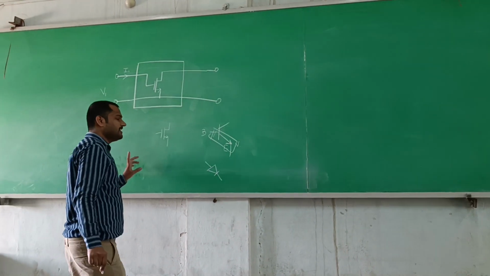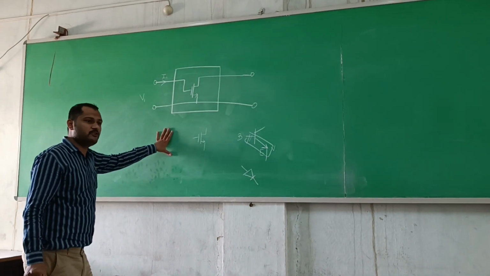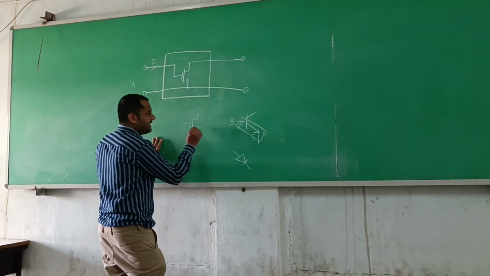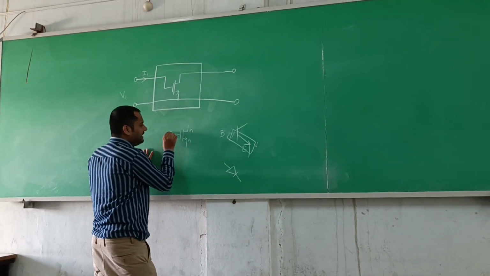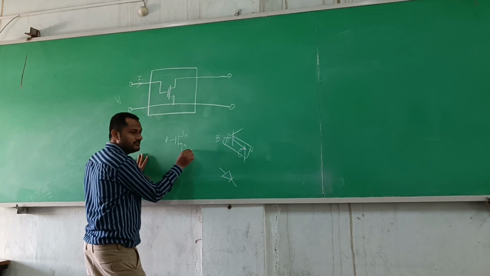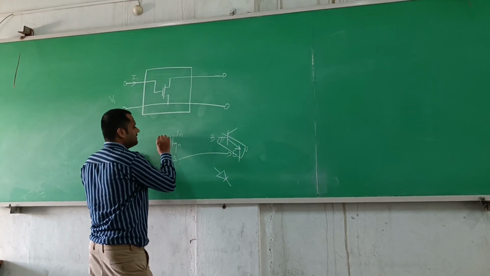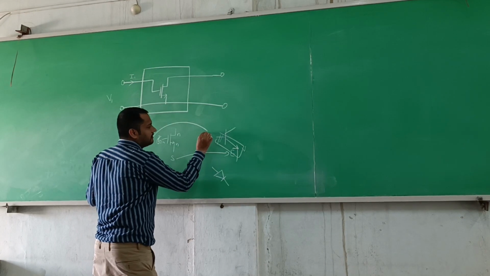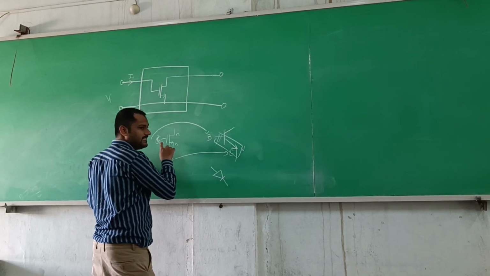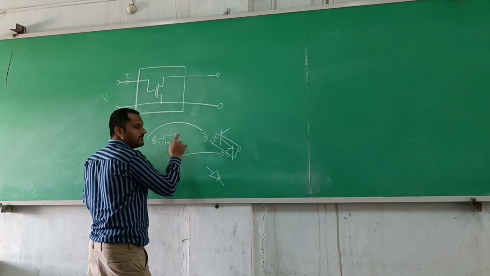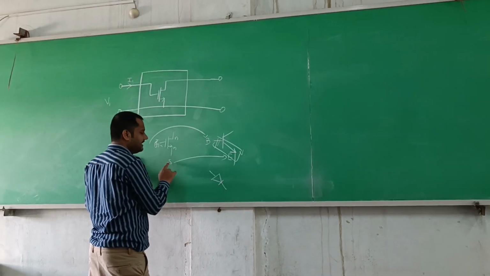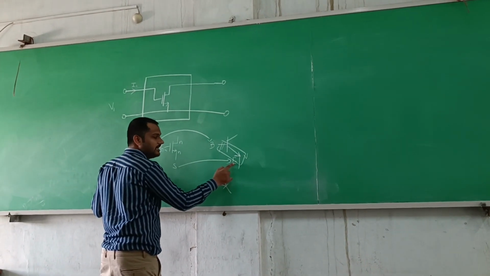Similarly, to differentiate between N MOSFET and P MOSFET, again P and diode. Here is the source. Source is equal to emitter and base is equal to gate. In MOSFET to BJT, what is equivalent? Gate is equivalent to base and source is equivalent to emitter.